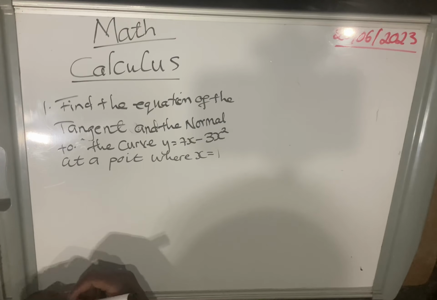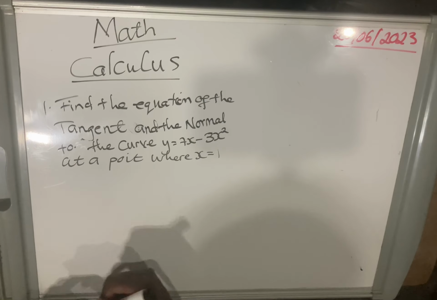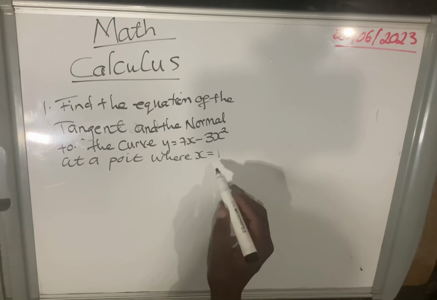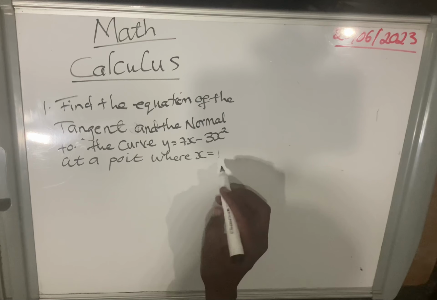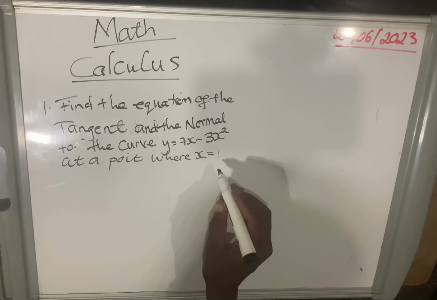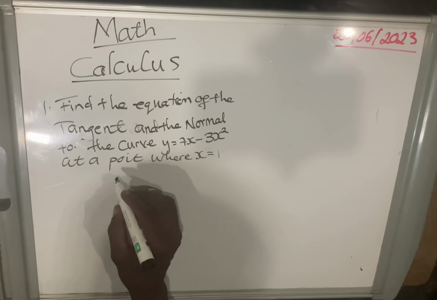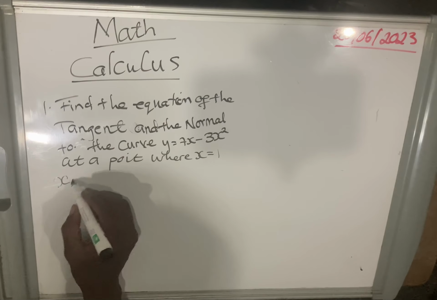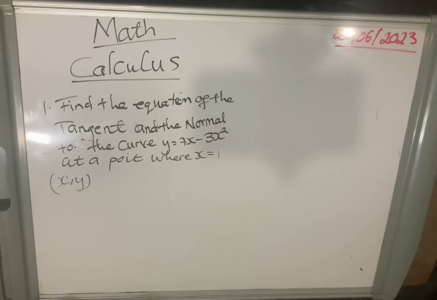Now, in order for anyone to find the equation, you must have a point. In this case, I've been given the point. Now, this point is not complete. We do not have the value of y. Points are always in the form of x, y.